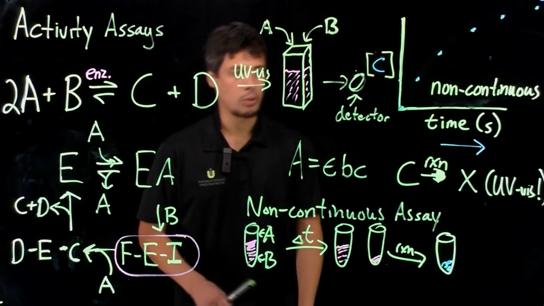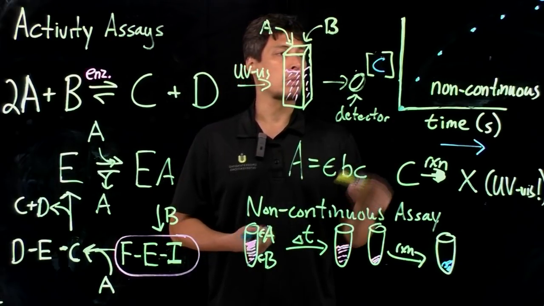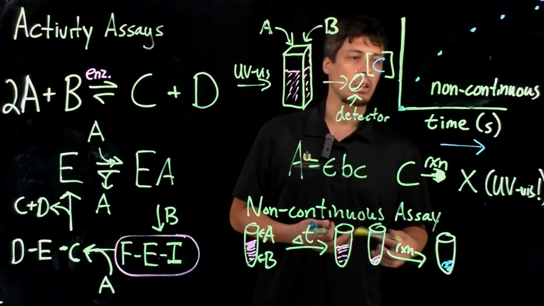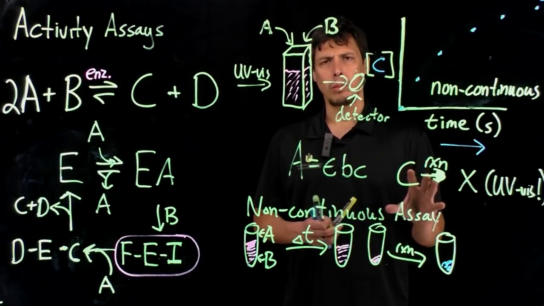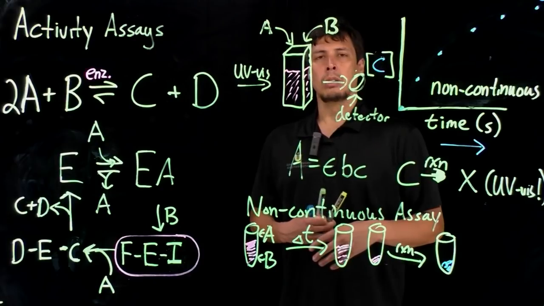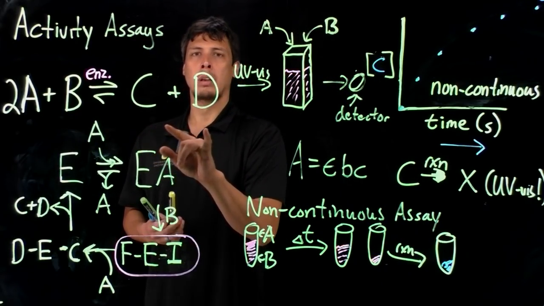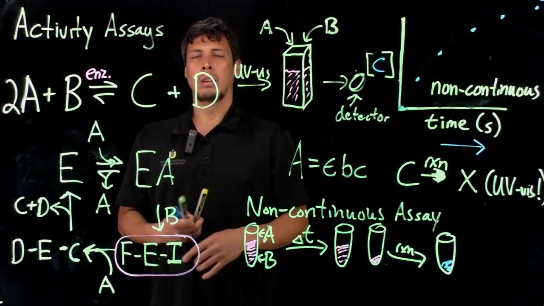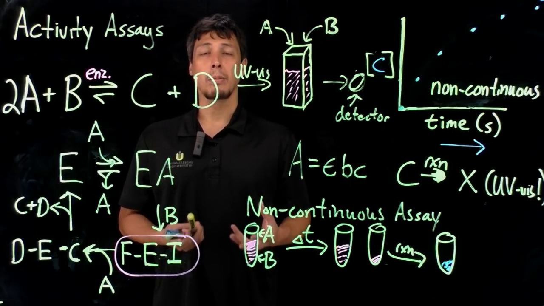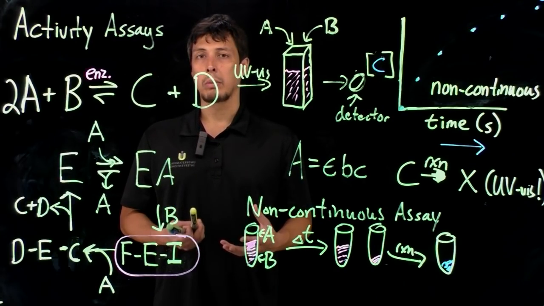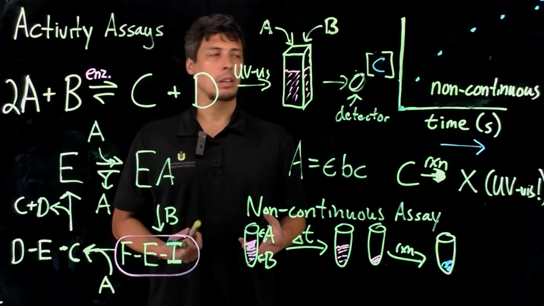And so these are two very basic different types of assays. There are other types that we're not going to get into that are beyond the scope of this, but it's important to think about when you're developing an assay. One, what can you detect? Importantly, can you detect these products? And can you detect them by a continuous assay, which is going to give you more data, and so you're going to get more reliable information out of that, or do you have to use some sort of non-continuous assay?